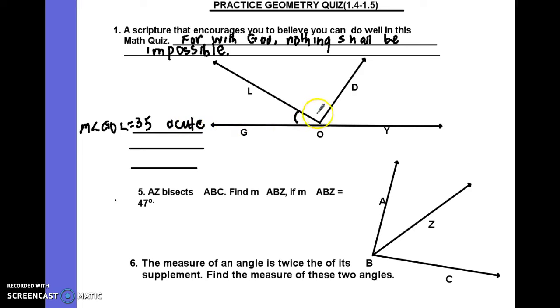Then you could do another one. Let's take angle LOD. A good idea would be to just put an arc here, or a couple of arcs here, since we already have one. You say, okay, this is the one we're going to measure. You measure from this ray.